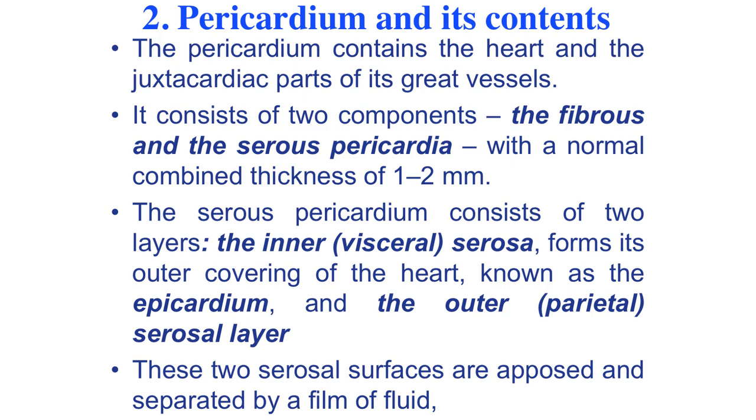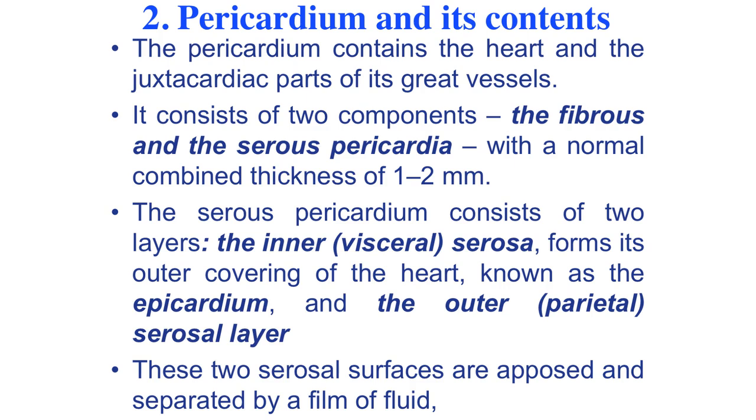The normal thickness of this membrane, the pericardium, is about 1 to 2 millimeters. But again, the serous pericardium consists of two layers. The innermost is called the visceral serous pericardium, which forms the outer covering of the heart itself. Sometimes it is regarded as the epicardium.